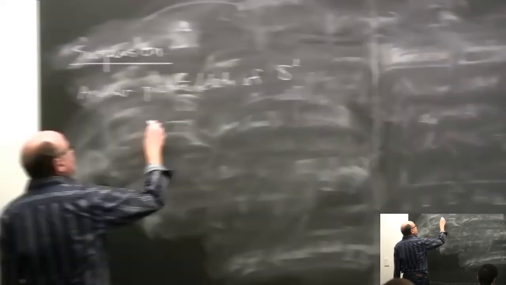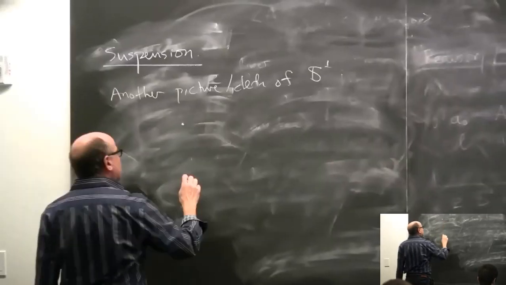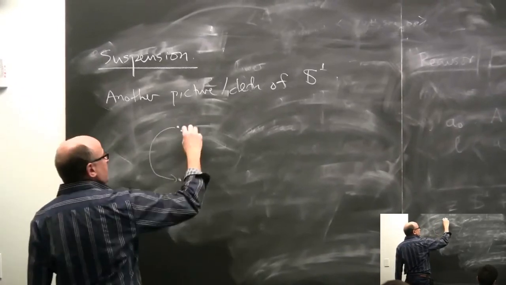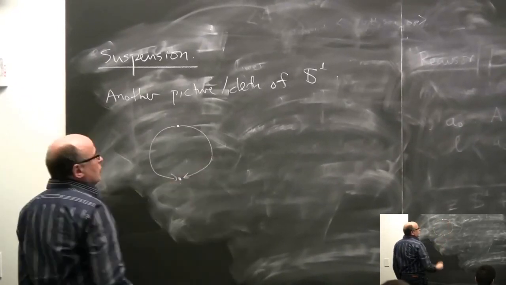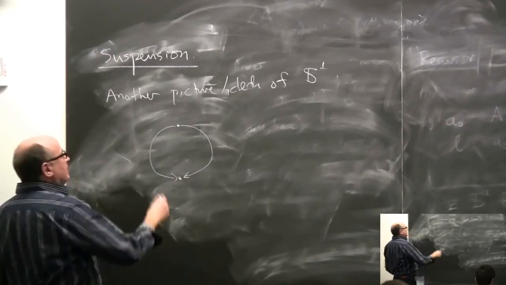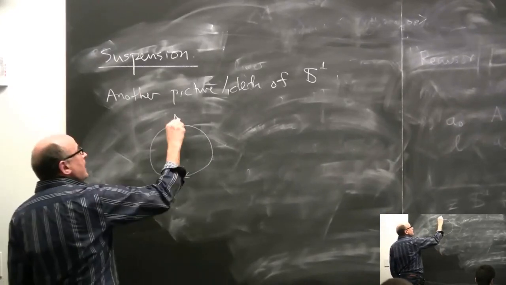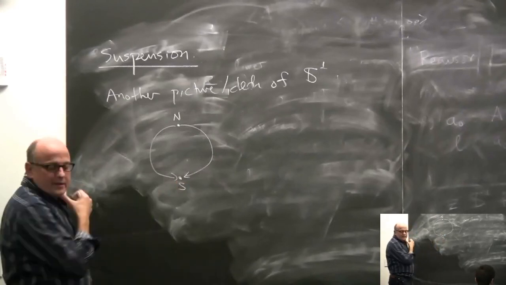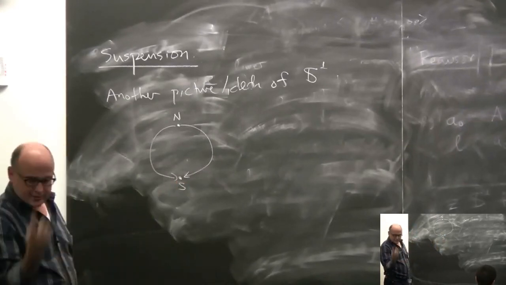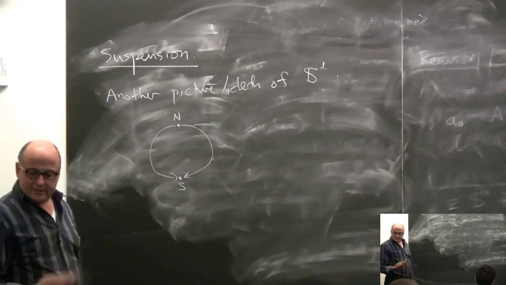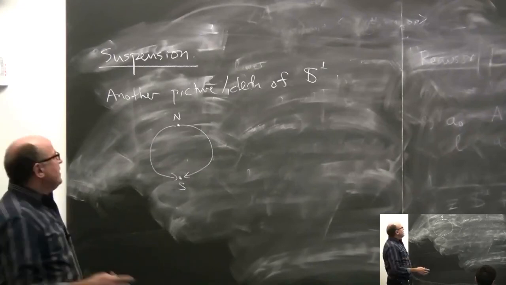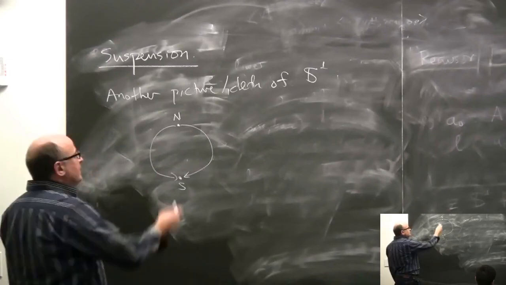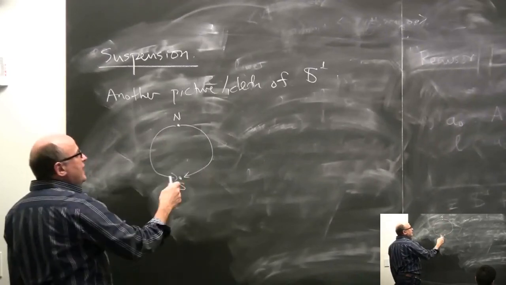You might have said, well, we'll have a point here, a point here, and then we'll have two paths, like that, and we'll call them N and S, north and south, because you can see where I'm headed: S2 is going to look more like a sphere in 3-space, so there'll be a North Pole and a South Pole.